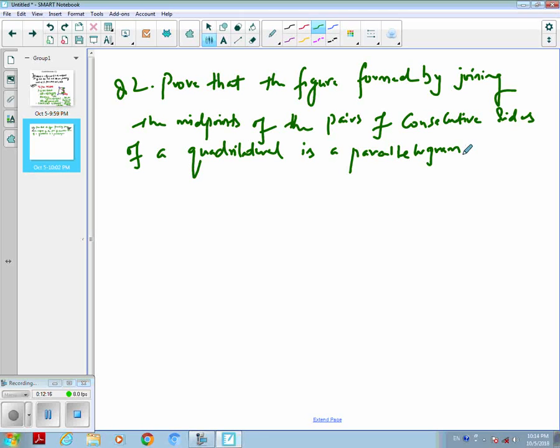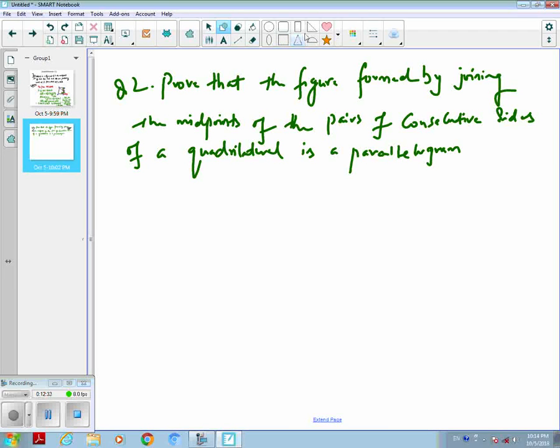Prove that the figure formed by joining the midpoints of pairs of consecutive sides of a quadrilateral forms a parallelogram.